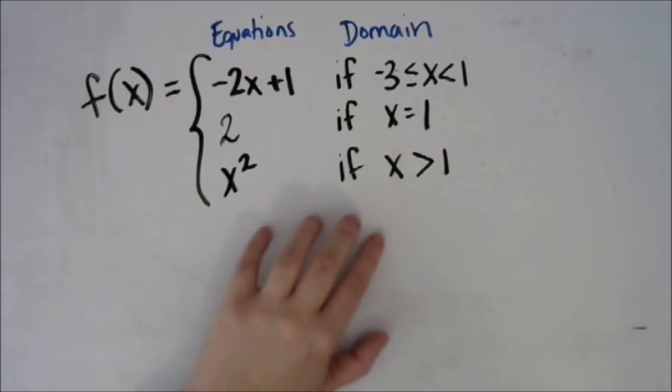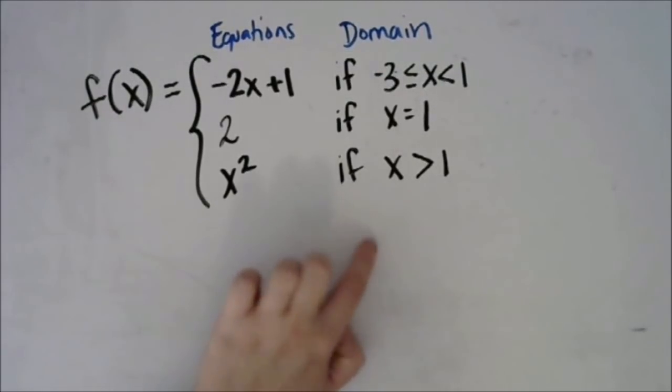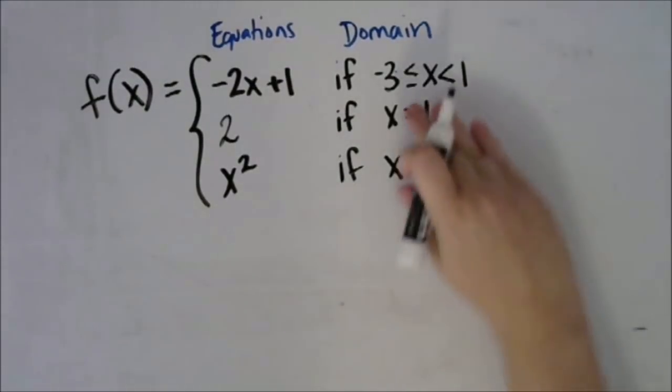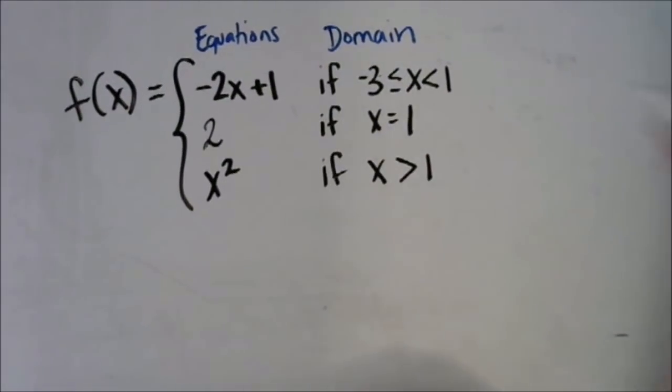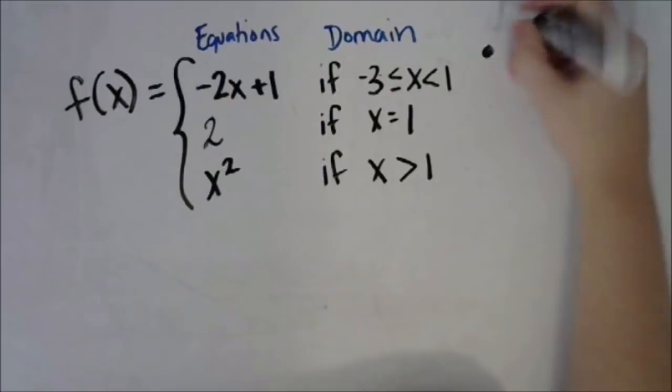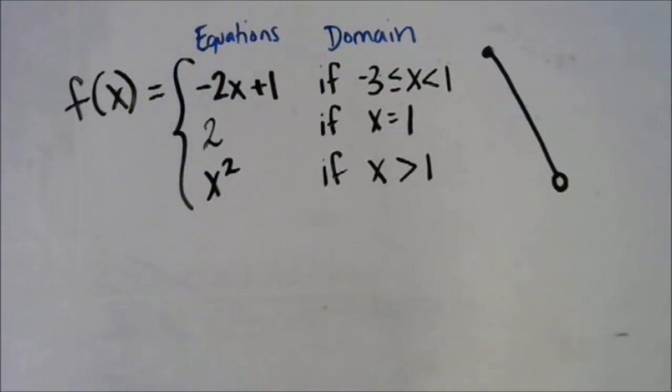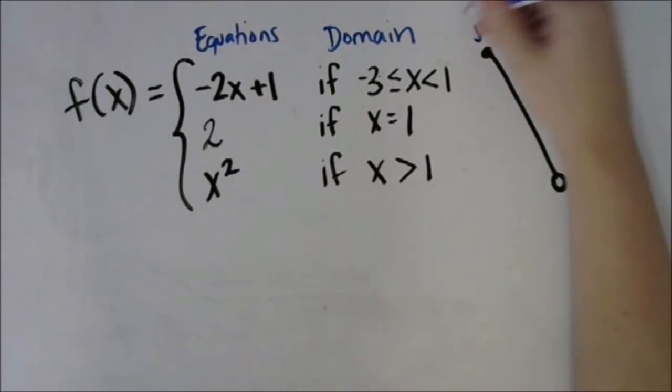And one thing I want to talk about is the difference between a closed circle and an open one. So when you look at this line segment on the graph, you're seeing something similar to this. And that's because the closed circle is inclusive.